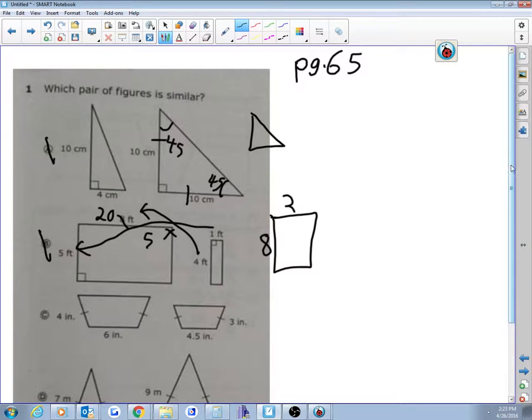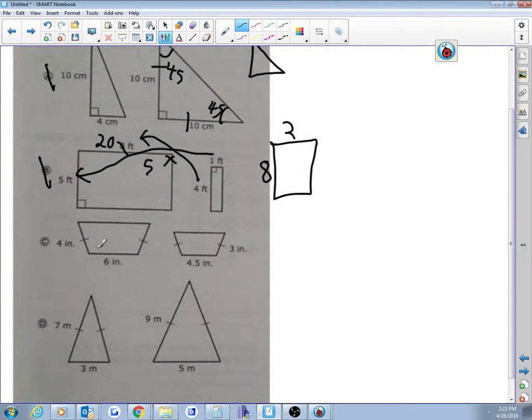That would be similar. So these are not similar. Let's look at C. So there's a couple proportions we could set up. Maybe some different colors here. If I've got short side, and then let's do green to this side, the purple is corresponding with this side, or the 3.